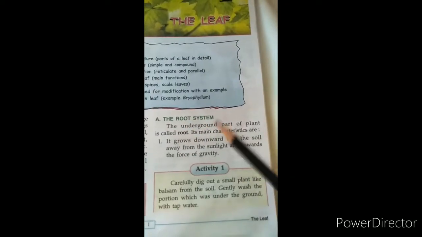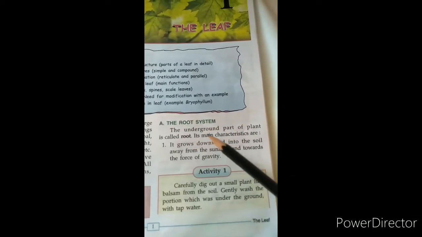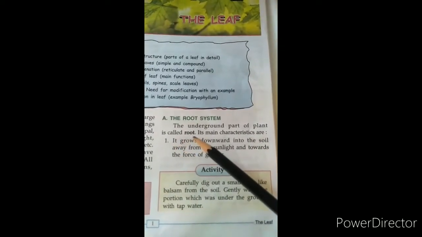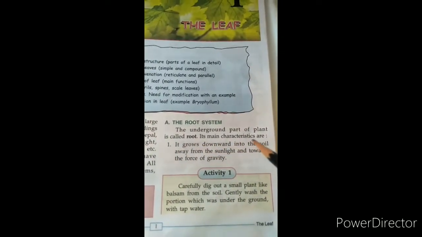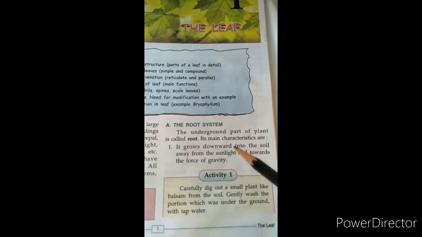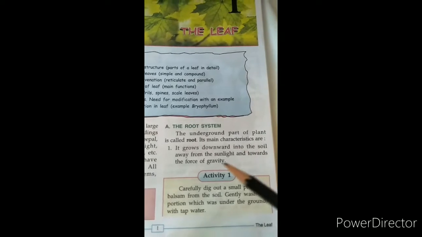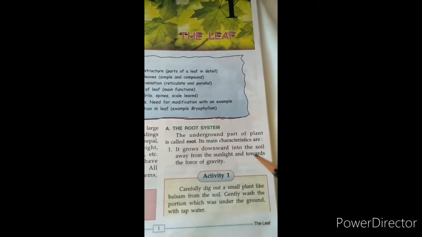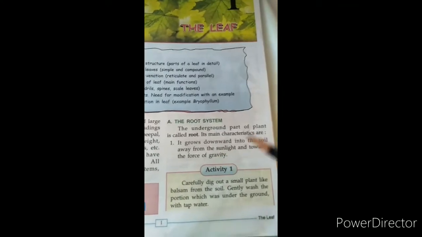The root system. The underground part of the plant is called root. Its main characteristics are: number 1, it grows downward into the soil, always from the sunlight towards the force of gravity.